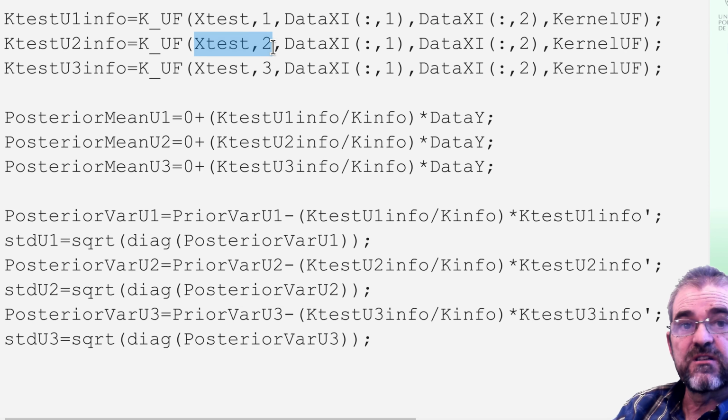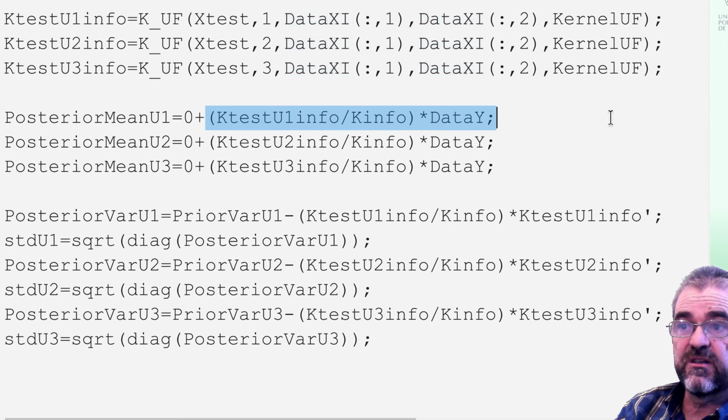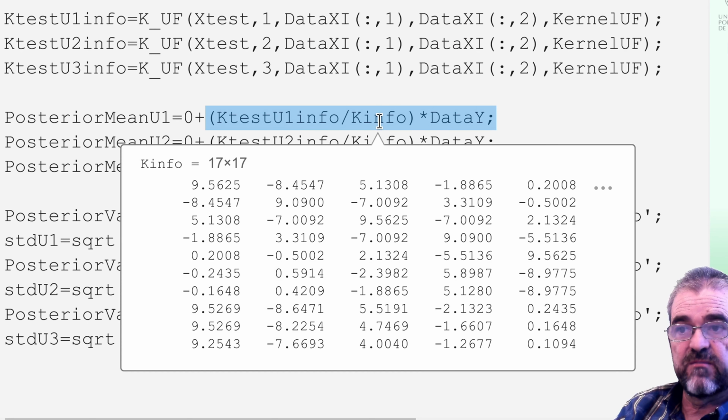This second line does the same for component 2, does the same for component 3, and then the mean prediction is, well, the covariance between what I wish to predict, U1 at test points, and the information, times the inverse of the information covariance. This information covariance is a matrix.